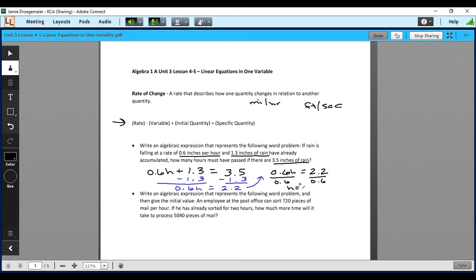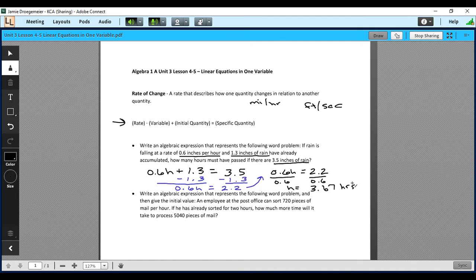And if we do that division, we have the 2.2 divided by 0.6, and I'm just going to round it off here, about 3.67 hours. So about 3 2/3 hours, that would be 3 hours and 40 minutes is how much time would pass for us to get 3.5 inches of rain.